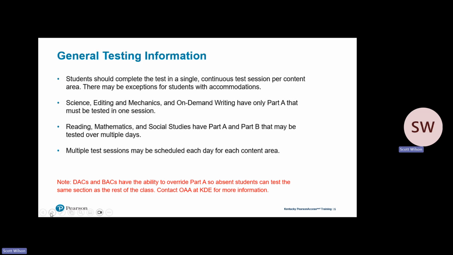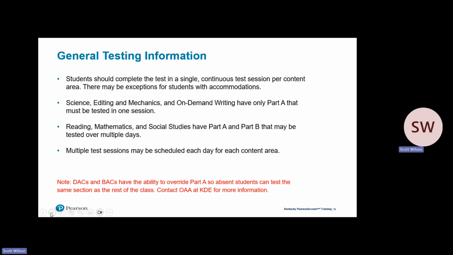Some general testing information. Students should complete the test in a single continuous test session per content area. There may be exceptions for students with accommodations. Science, editing and mechanics, and on-demand writing only have part A, and they should be tested in one session.